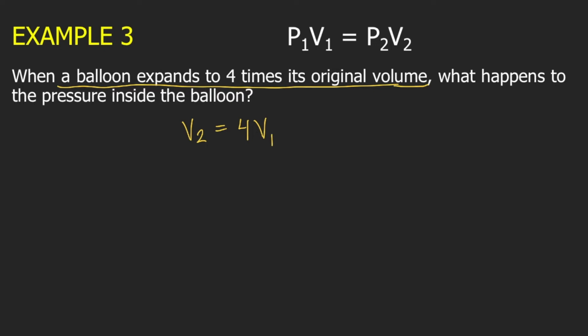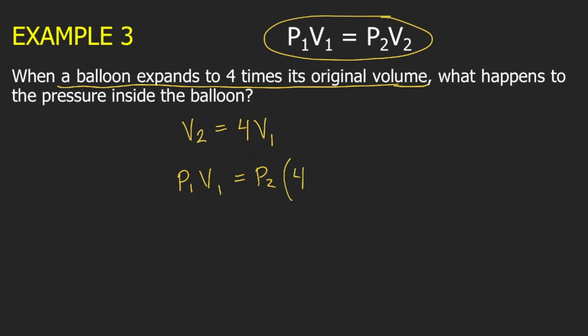Now let's use the Boyle's Law equation: P1 V1 equals P2 V2. So P1 V1 equals P2, and we know that V2 is 4 times the original volume, which is V1. So what to do next?